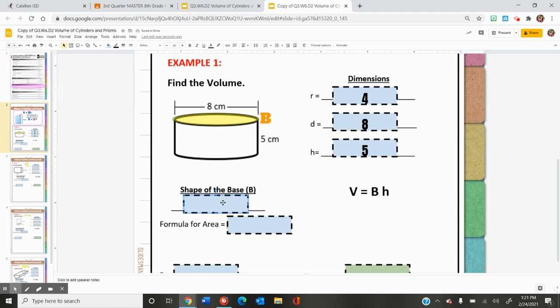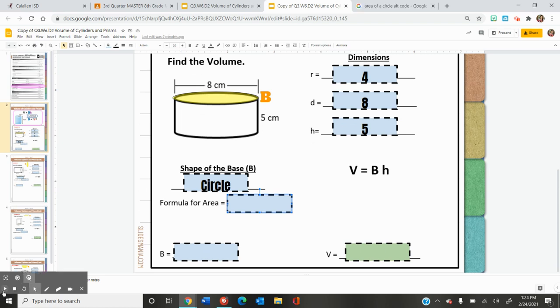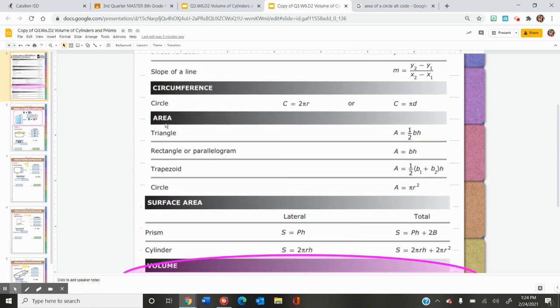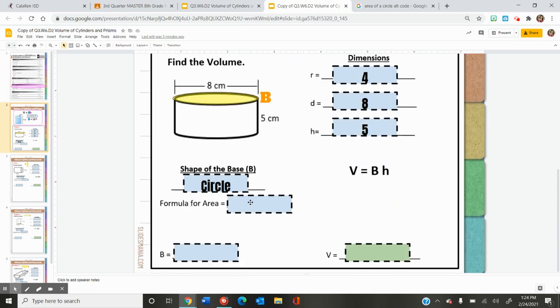Now here it's asking us for the shape of our base. Now the shape of our base is a circle. And remember, the formula for the area of a circle we found was pi r squared. So, okay, now that we have to find the area of our circle, we can always go back to our formula chart. And I'm going to go back up to area of a circle. And remember, it's pi times r squared. So here, for formula for area, we're going to type in pi.